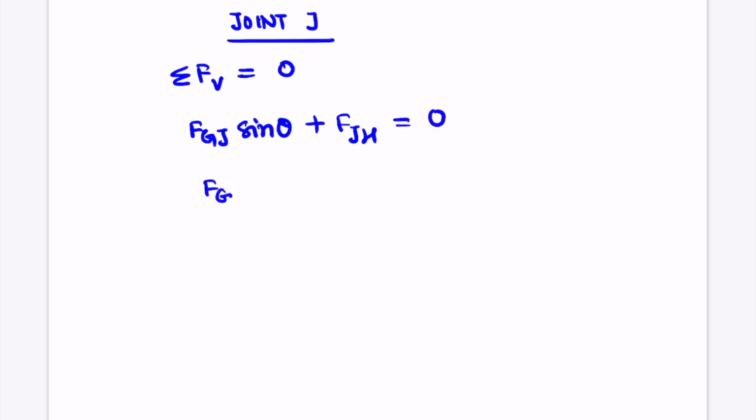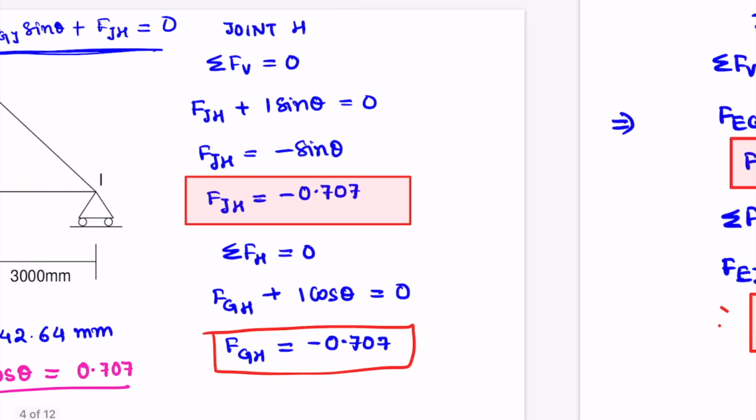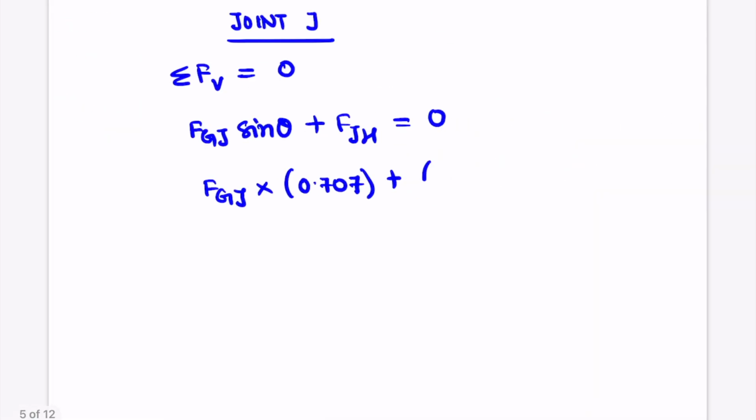So FGJ sine theta is minus 0, sine theta is 0.707. And what is FJH? We have already calculated FJH. FJH is minus 0.707. So it is minus 0.707 equal to 0. From this we get FGJ as 1.